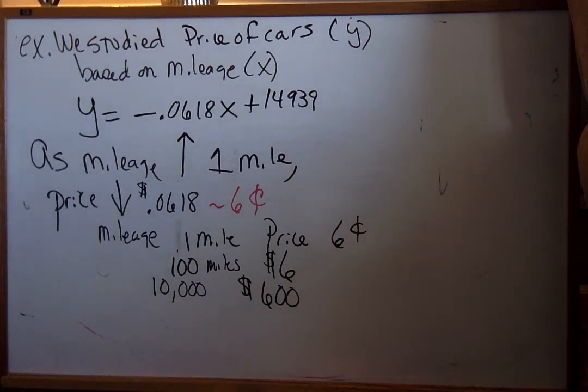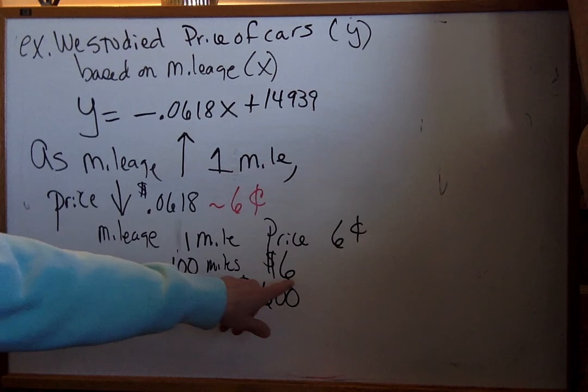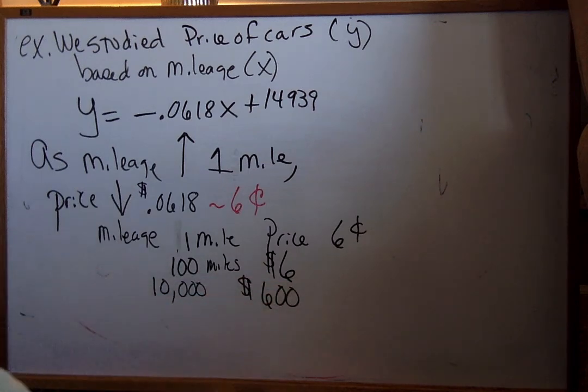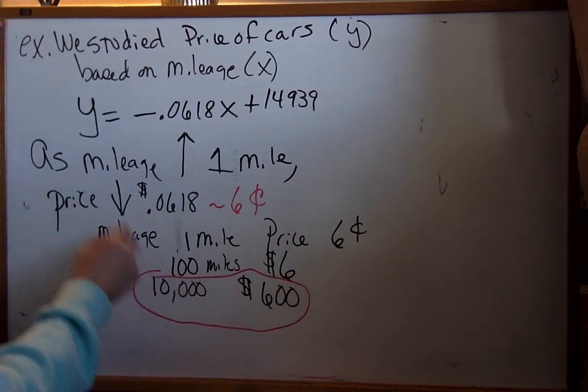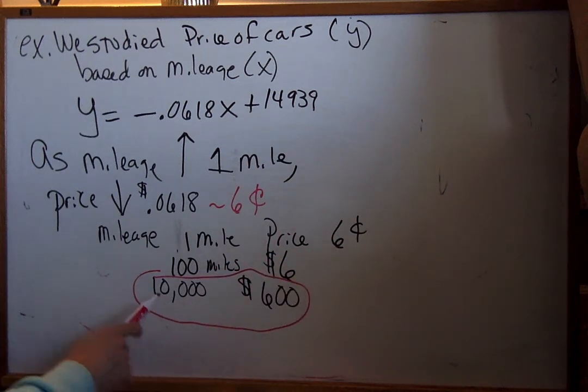Approximately $600. If you're looking along with my notes, I think I had kept that at 2, so that's where you're going to see $6.20 and $620. That's not important. The most important thing is that you know how to multiply and that you also have an awareness that in real life, nobody's going to care about 1 mile and a nickel, basically, right? This is much more useful information.